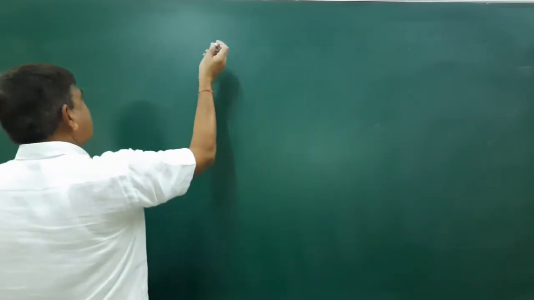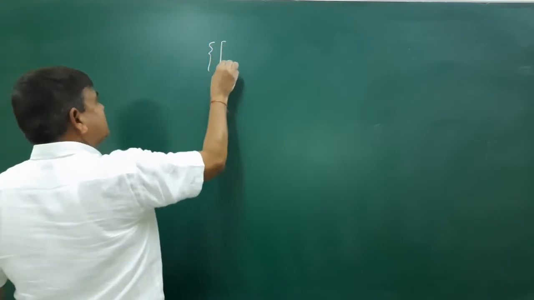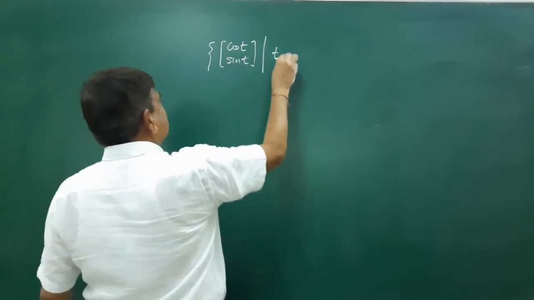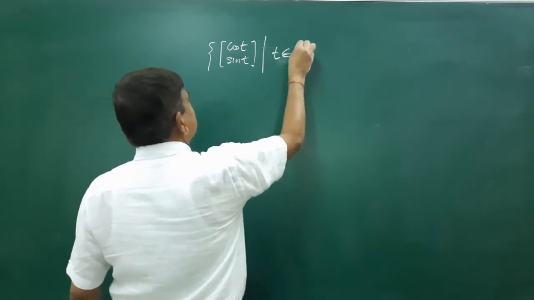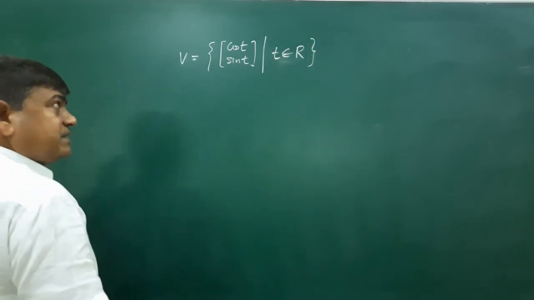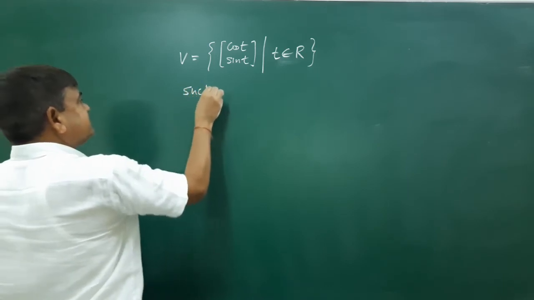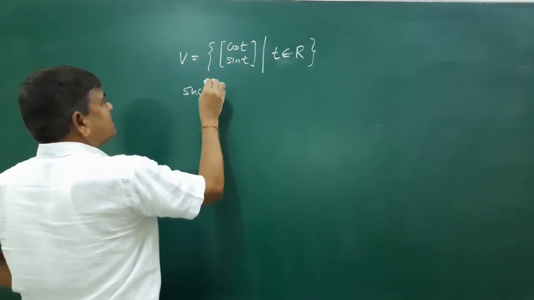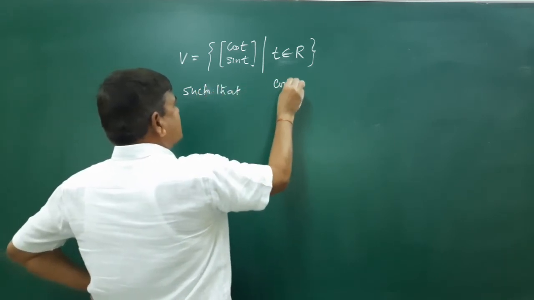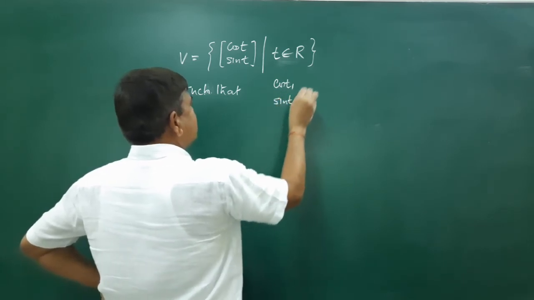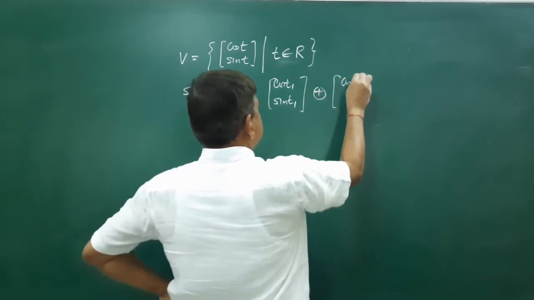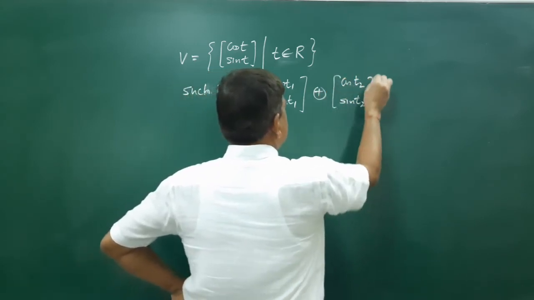The question was, I hope, the set of vectors cos t, sin t, where t belongs to R, such that cos t1, sin t1 added to cos t2 equals to something.